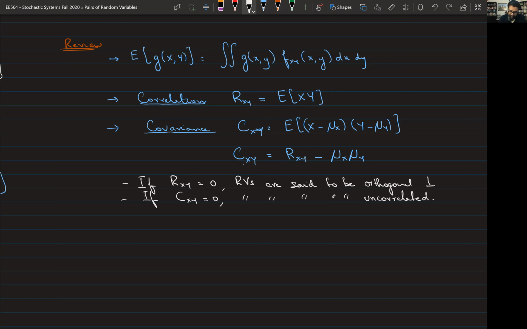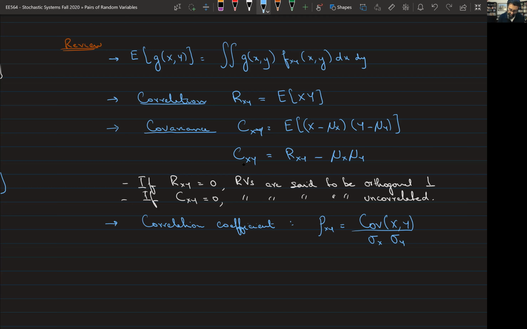And then finally we defined something called the correlation coefficient. Rho xy was defined as the covariance between x and y divided by the product of their standard deviations.